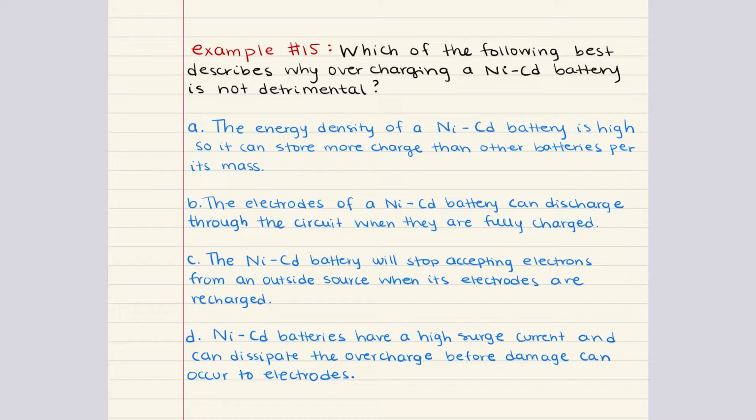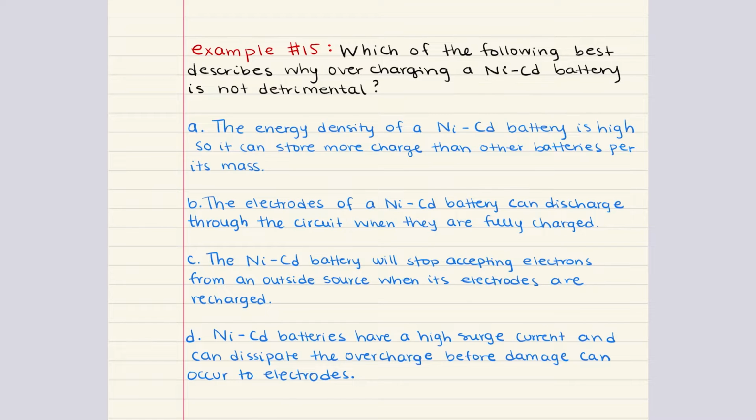Now, during the recharge cycle, nickel-cadmium cells are going to accept current from an outside source until the cadmium and the nickel-3 oxide hydroxide electrodes are pure. At this point, the reaction is going to stop because cadmium hydroxide runs out and no more electrons can be accepted.